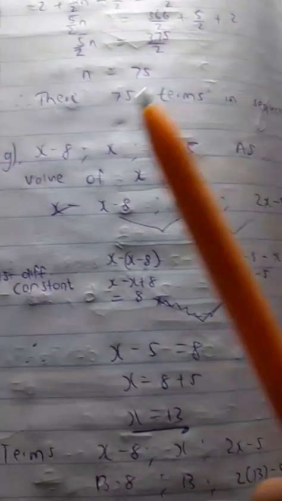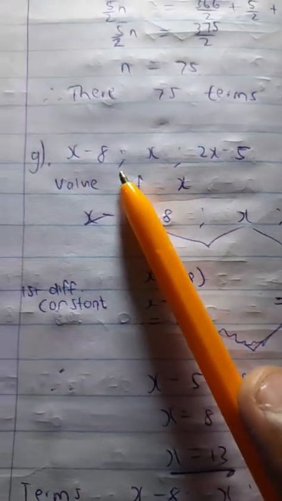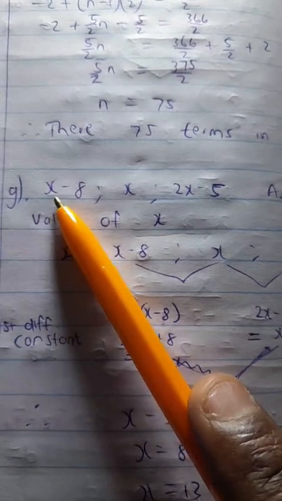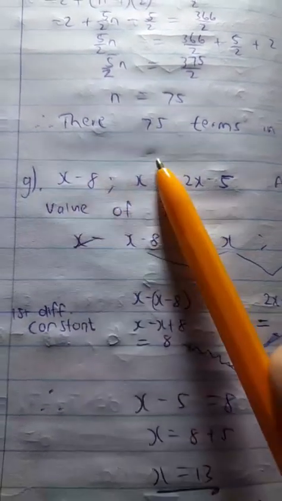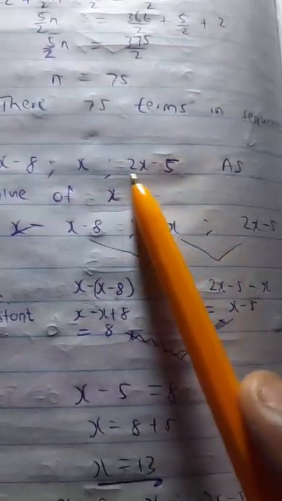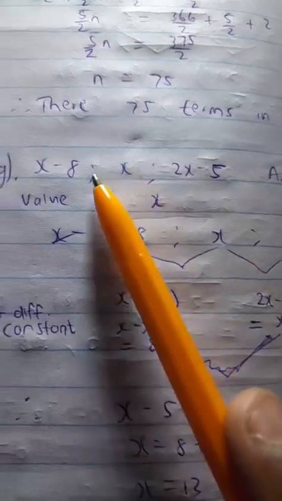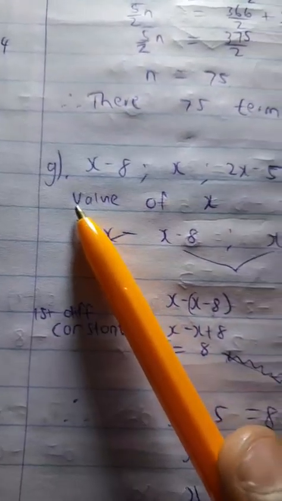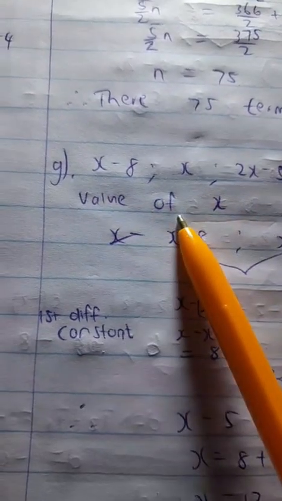Now let's look at one question that has to do with the variables that I gave you in the game challenge. I gave you g, which said x minus 8, which was the first term, followed by x, followed by 2x minus 5. You were told that this is an arithmetic sequence, and then the question says calculate the value of x.